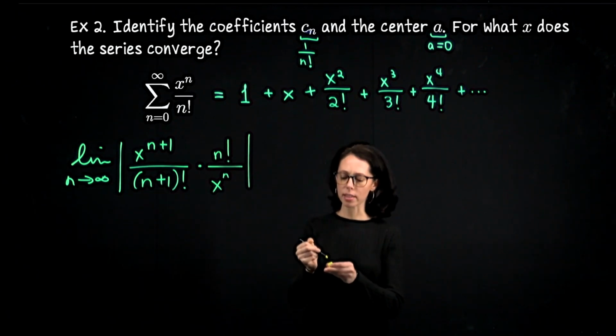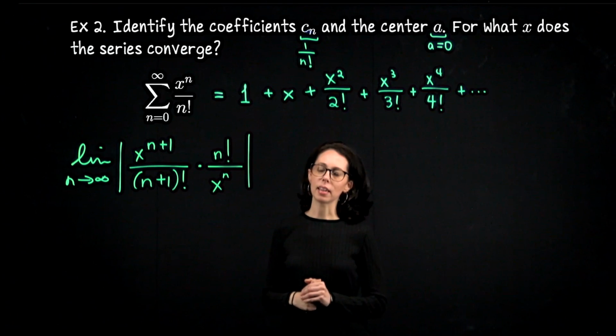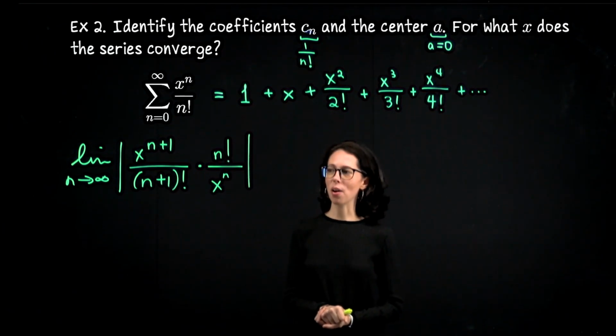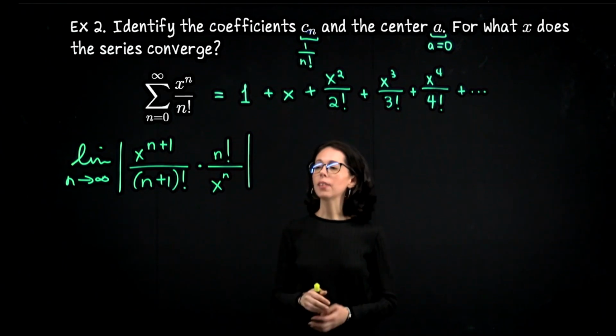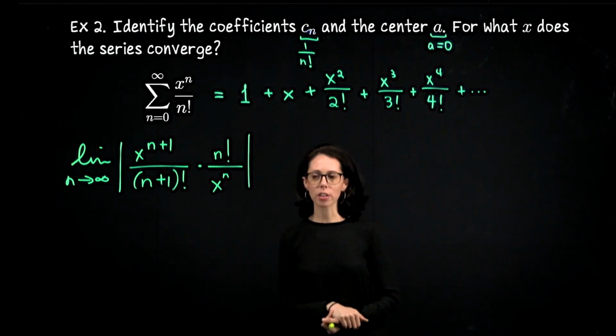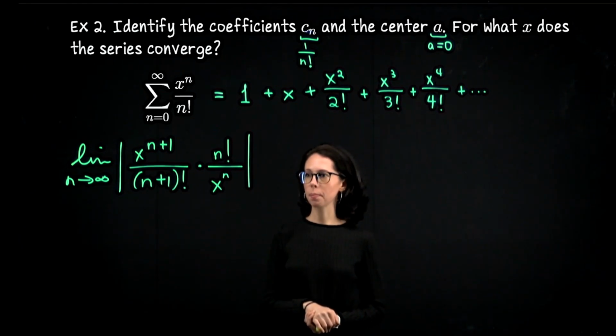And by the way, if you're rusty on the ratio test, it might be a good idea to go back and revisit the lesson that we did on the ratio test so that you can remind yourself of how this computation works. Even though we have an x term here, and we didn't before when we first learned the ratio test, the mechanics of working through this limit are very similar.